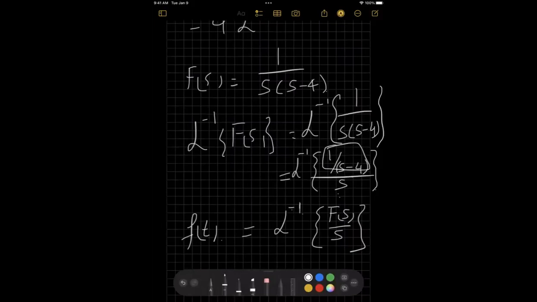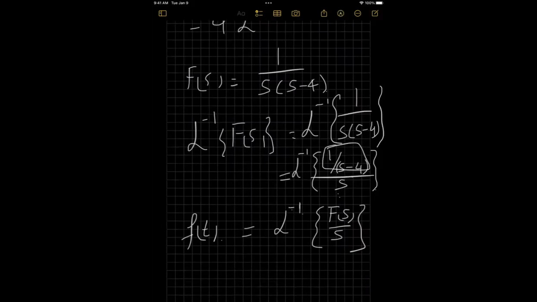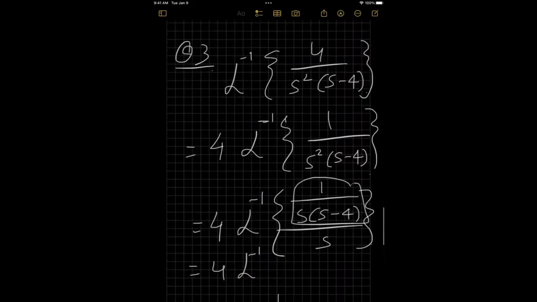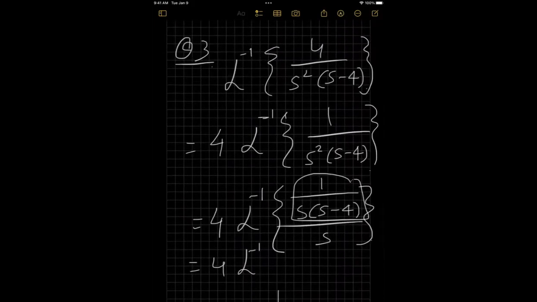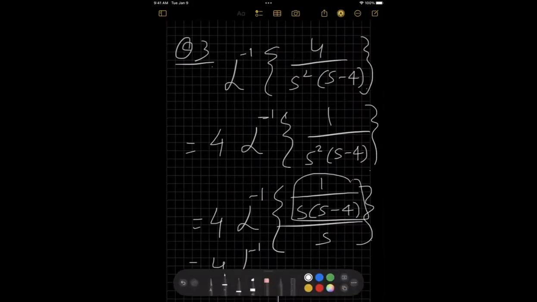Any question till here? If you scroll up a little bit, there was an s square, right? How come it's just s in the next one? So I played with the equation. I put 1 over s into s minus 4 in the numerator, divided by s.